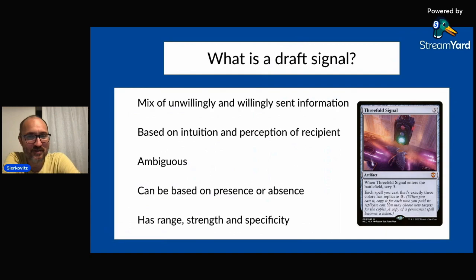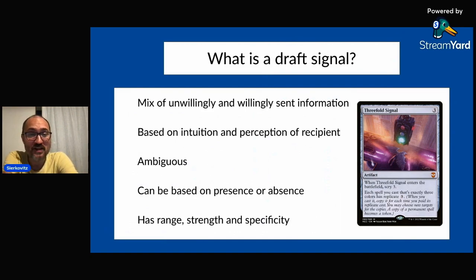I want people to know that I'm not in white and that white is open so that they pick white and stay away from my colors. Unwillingly, because sometimes I will open like 4 good black cards in a pack and I still pick the best of them because they're good, but I'm sending those 3 other black cards, and that's a signal for someone that maybe black is open because they see 3 good cards, and I really don't like to send that signal, but sometimes you just have to.